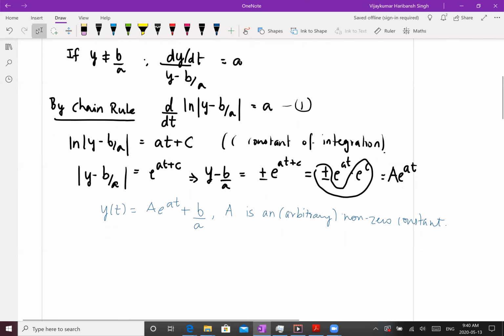So now let's consider a few scenarios. What if A was 0? If your A is 0, then y of t equals b by a, which is a constant solution.